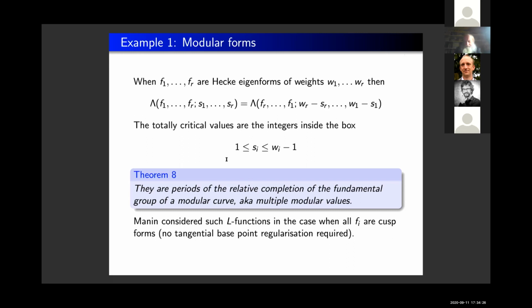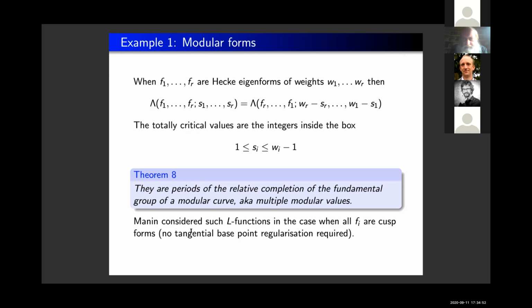And in fact, Manin wrote down the definition of these L functions a while ago, in the case where they're cusp forms, so there's no regularization to be done. And in this case, you can show that the values are indeed periods. They're periods of the relative completion of the fundamental group of a modular curve.